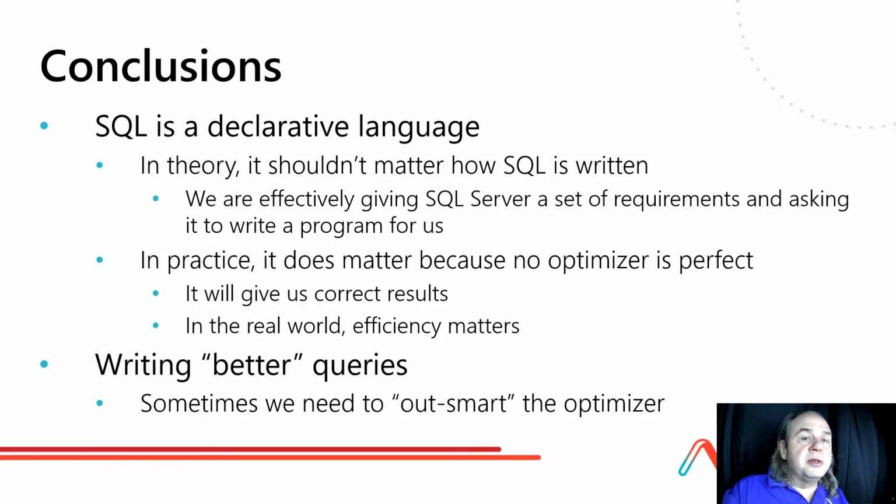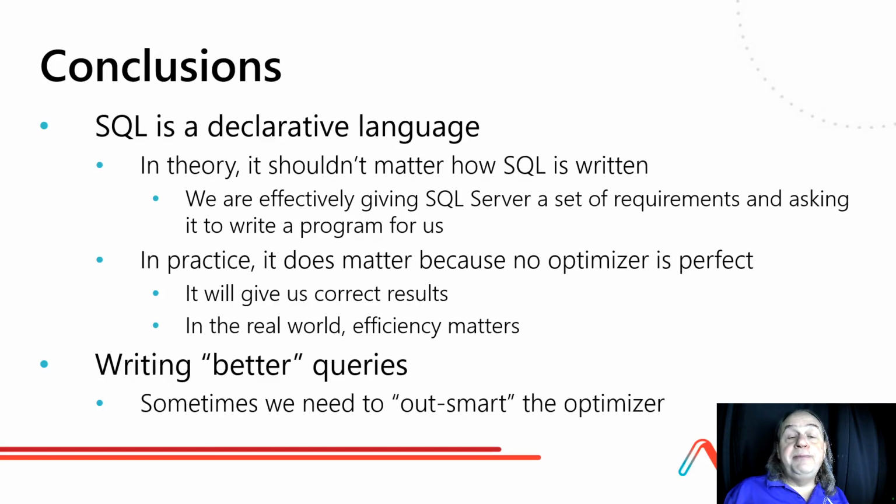I mentioned before, SQL is a declarative language. You're giving SQL Server a specification of what you want, the results that you need to get out of the database in order to do whatever you're going to do. That specification is taken by the optimizer, which in turn writes a program for us, and that program is then executed.